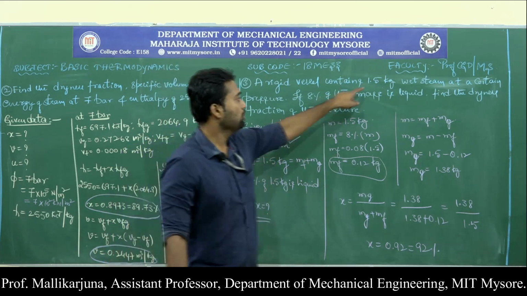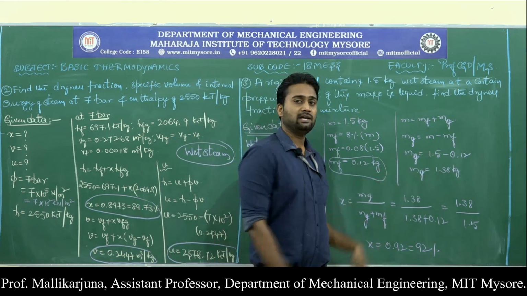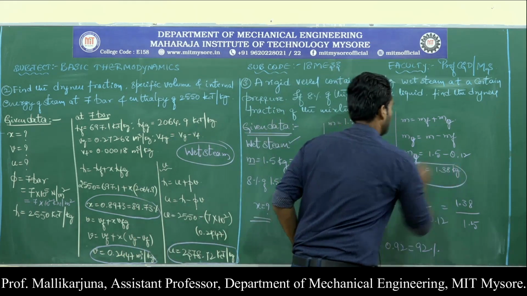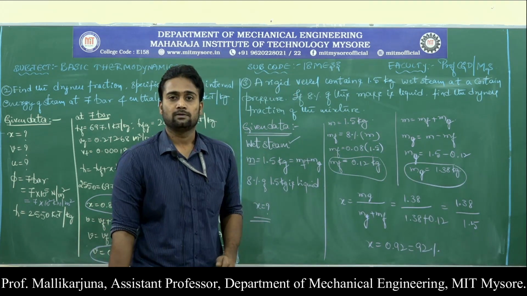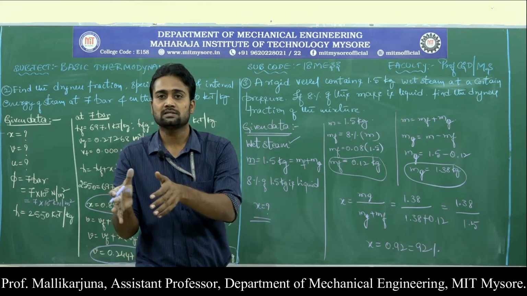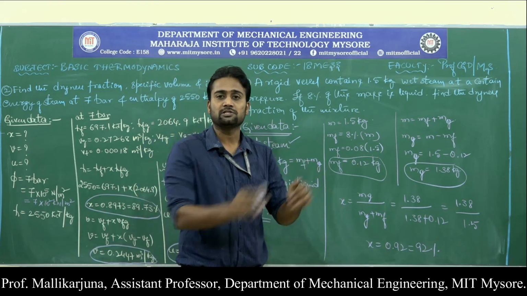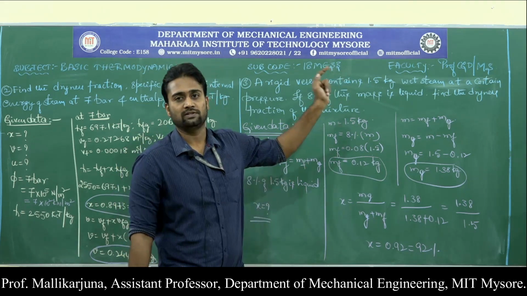That means, out of 1.5 kg of the steam, 1.38 kg is gas and the remaining 0.12 kg is fluid. So we have got individual masses. Mass of the gas is known to us, mass of the fluid is also known to us. If I add those two things, I will get the mass of the wet steam.